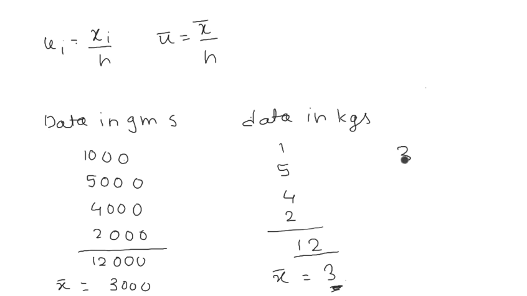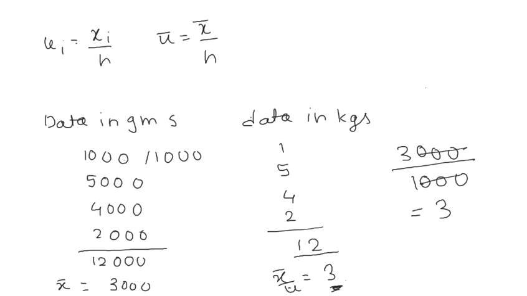By dividing the old mean by that constant, that is 1000. So I got 3. So now did you get the meaning of this? If ui is equal to xi upon h, that is 1000, then u bar is equal to x bar upon that constant, that is h.